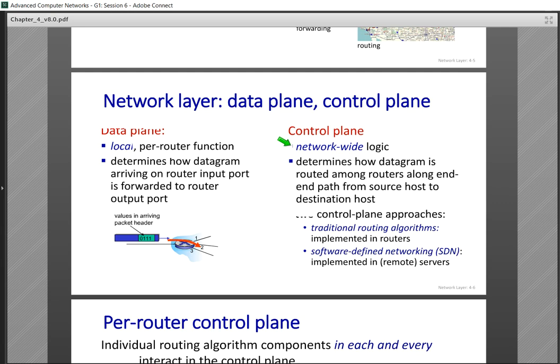And make decisions on how to handle different packets, datagrams, between sources and destinations.